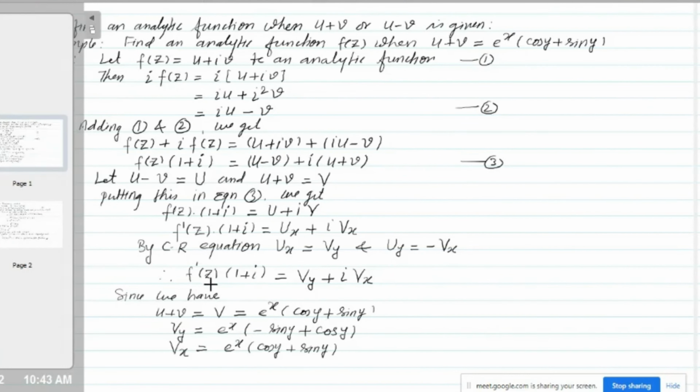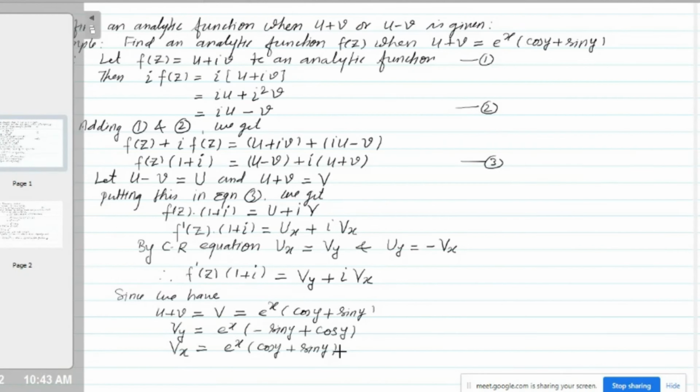Okay. So again use the CR equation and you will change that. So your function becomes f dash of z in bracket 1 plus I equal to ux minus I of vx. Okay. So instead of v you will get it in terms of u. The procedure is the same. And just let the first function, that is ux, equal to phi 1 of x comma y and uy equal to phi 2 of x comma y.